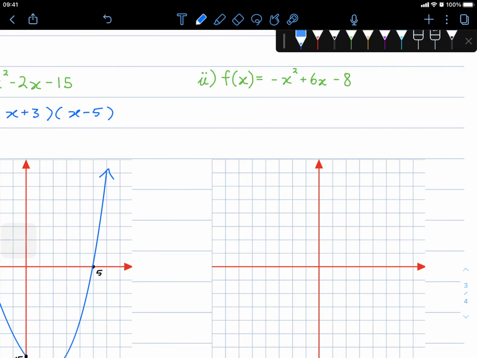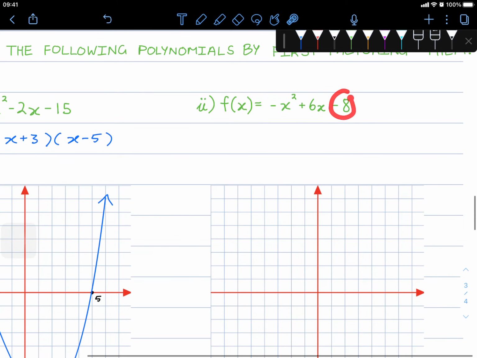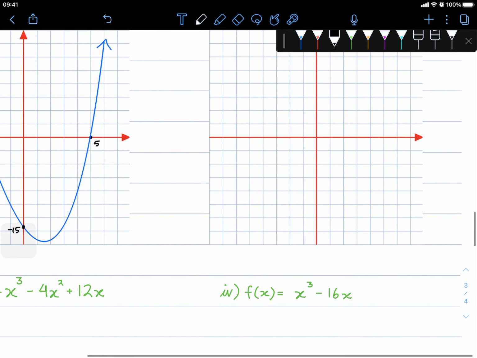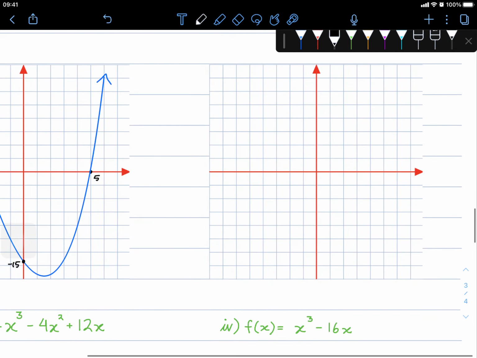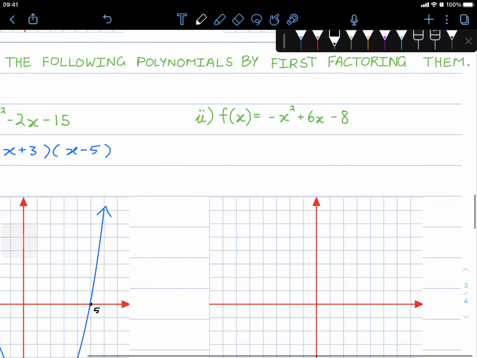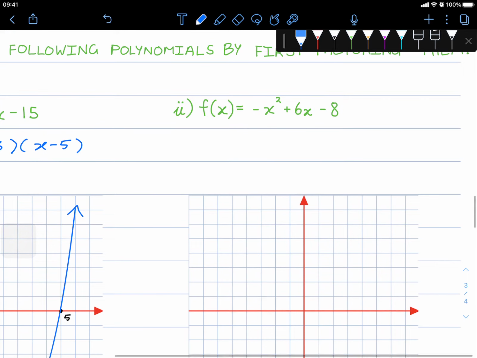Once again, we can already see the y-intercept. It's going to be -8. Let's say it's just about there. And now we can factorize this. To make it easy, well, also because it has a negative lead coefficient, we know it's going to be concave down like so.